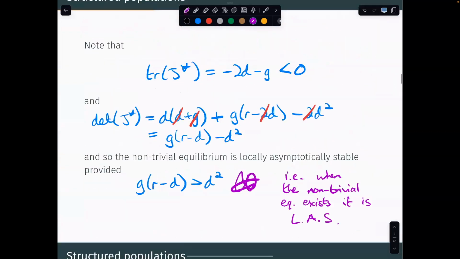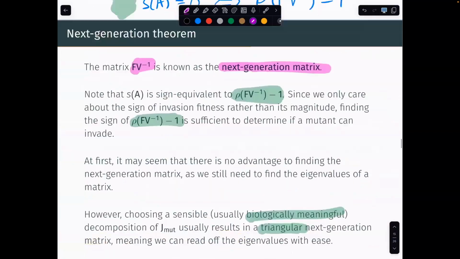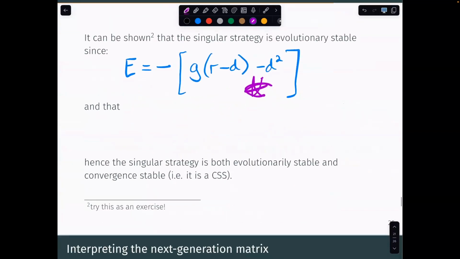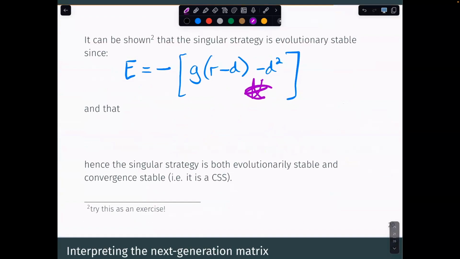For those that have good memories, essentially, when my resonance equilibrium is biologically realistic, we found that it was locally asymptotically stable. And this is the condition for it to be biologically realistic as well. This condition, therefore, appears all the way down in my evolutionary stability here. So this term in the brackets must be positive, therefore E must always be negative. So the singular strategy is always evolutionarily stable.